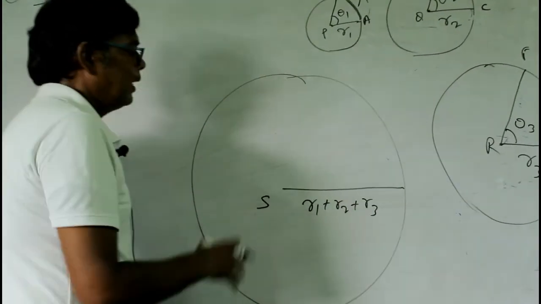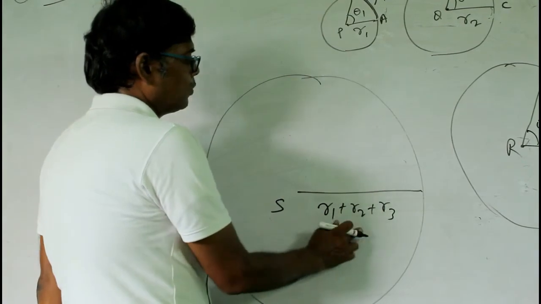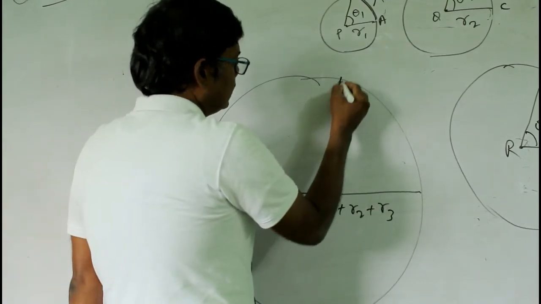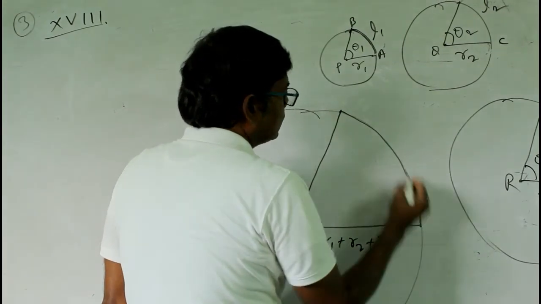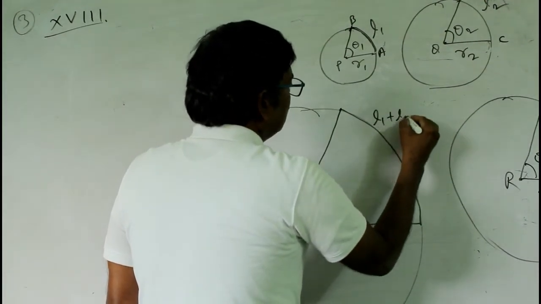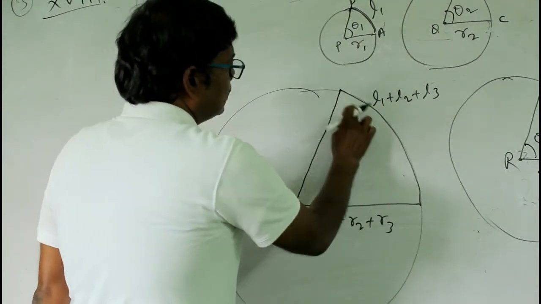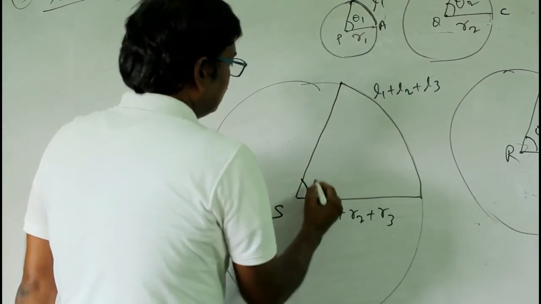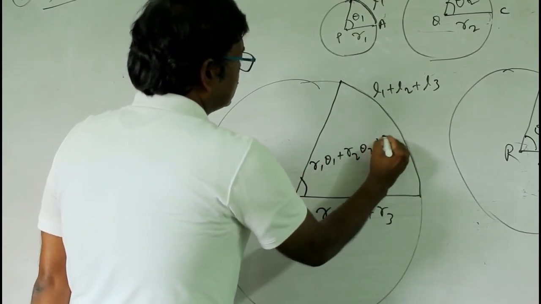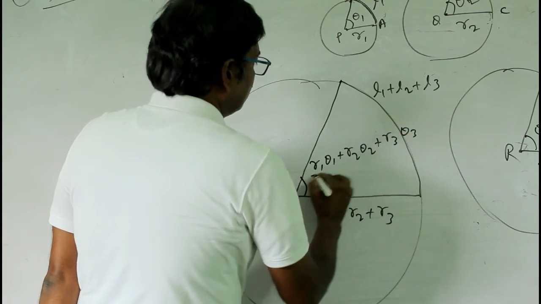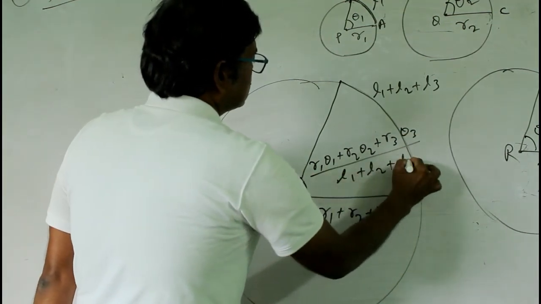If this is the arc and its length is L1 plus L2 plus L3, then this arc length will subtend angle (R1 theta 1 plus R2 theta 2 plus R3 theta 3) by (L1 plus L2 plus L3).